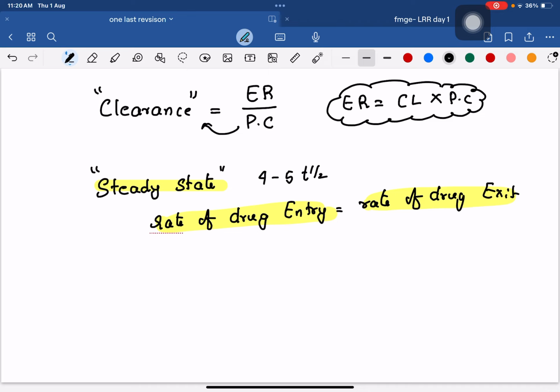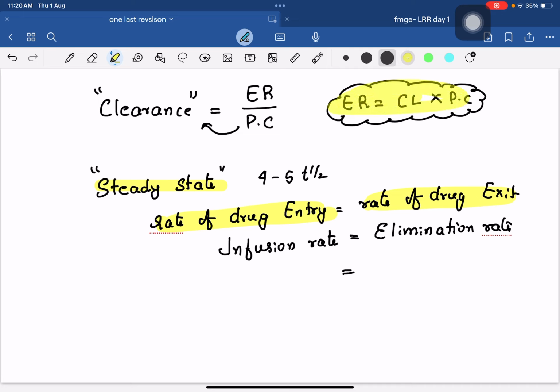So rate of drug entry is nothing but the infusion rate. How fast we are giving the drug is the infusion rate. And the rate of exit is nothing but the elimination rate. So infusion rate is equal to elimination rate.